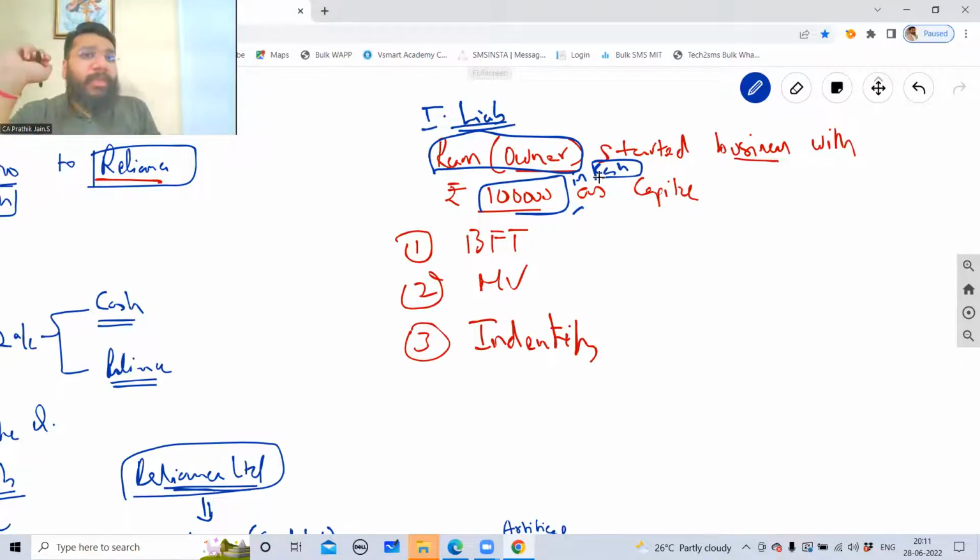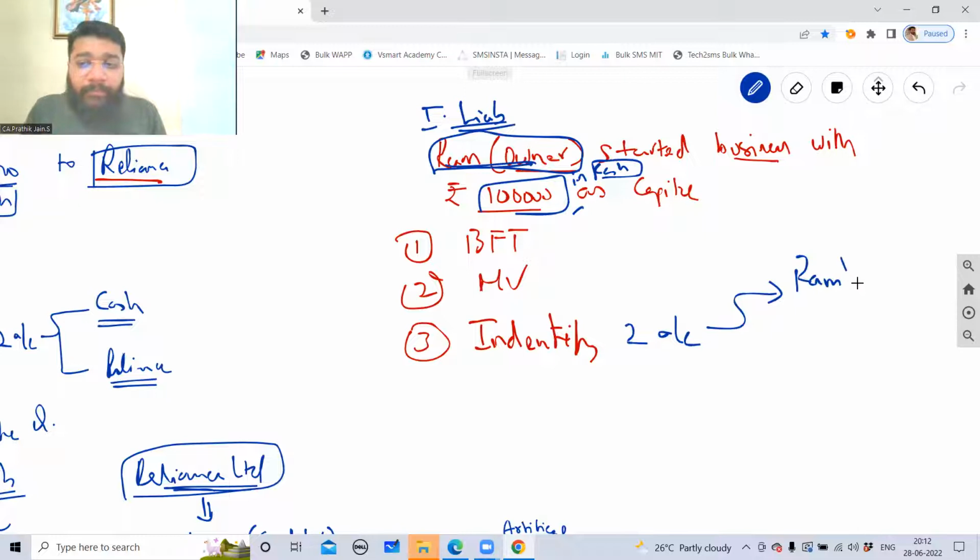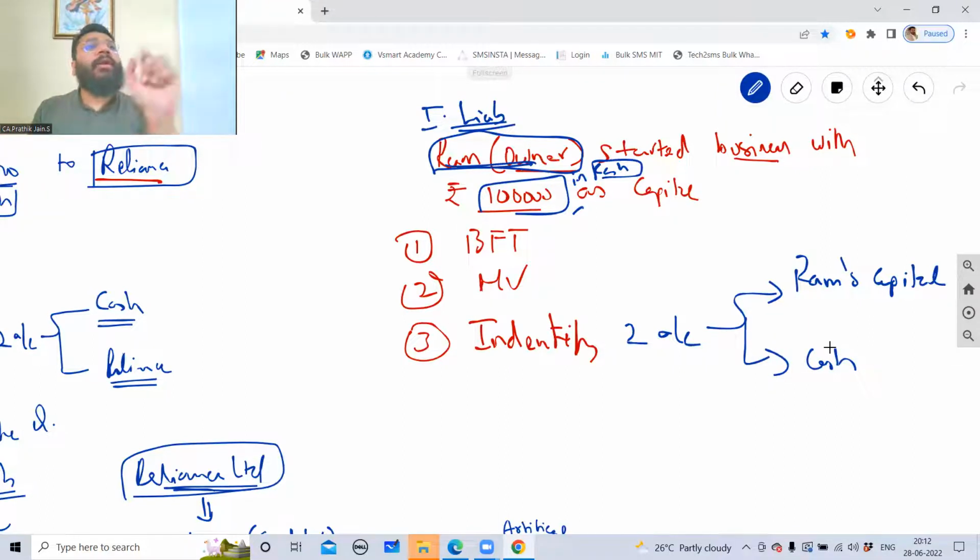So I need to take care of two things. I need to take care of Ram. Ram automatically means capital. The two accounts that are affected: one is Ram's capital account, and another is the cash account, because Ram is giving money in cash. When money is coming in cash, should I not record cash?